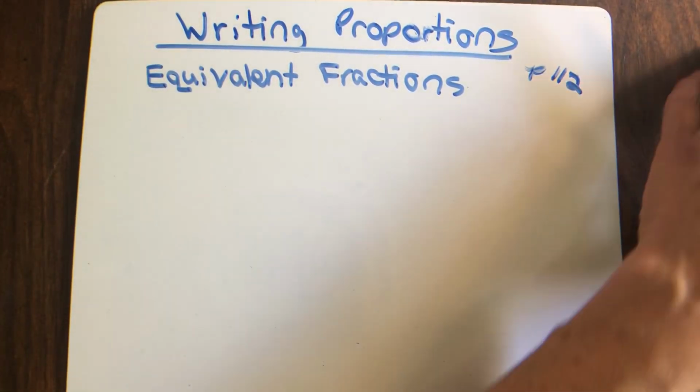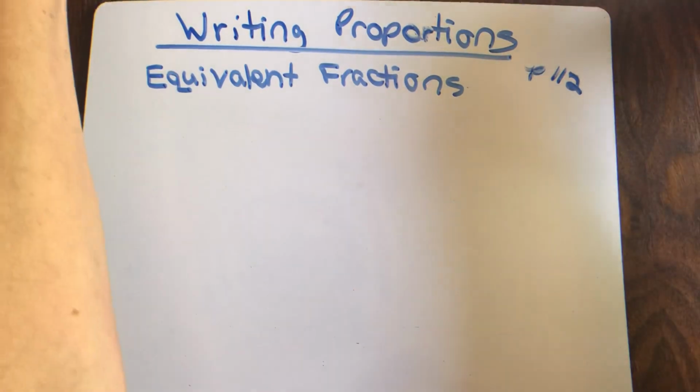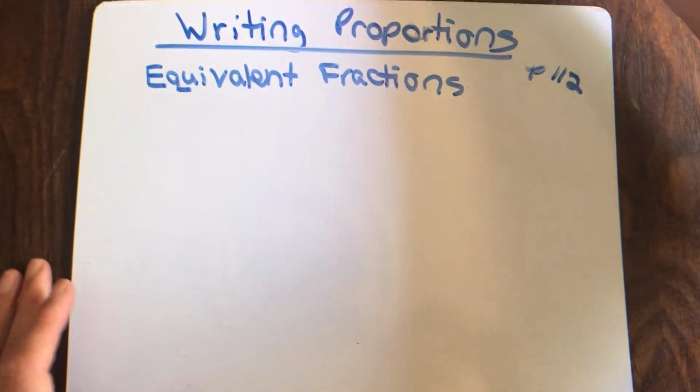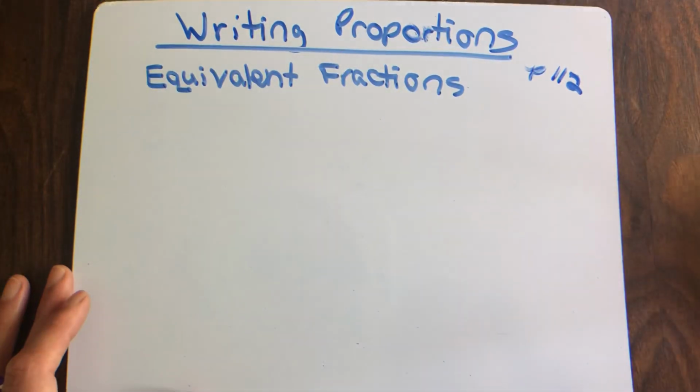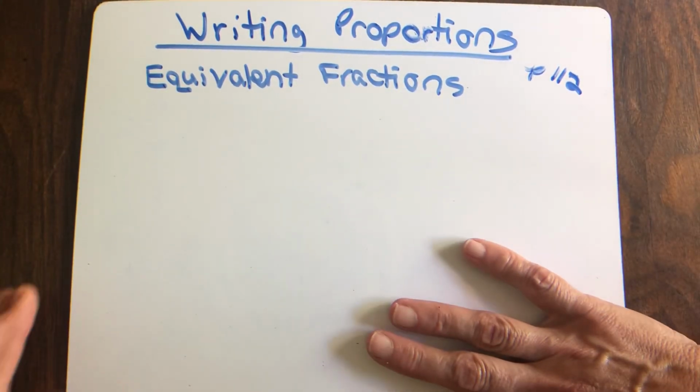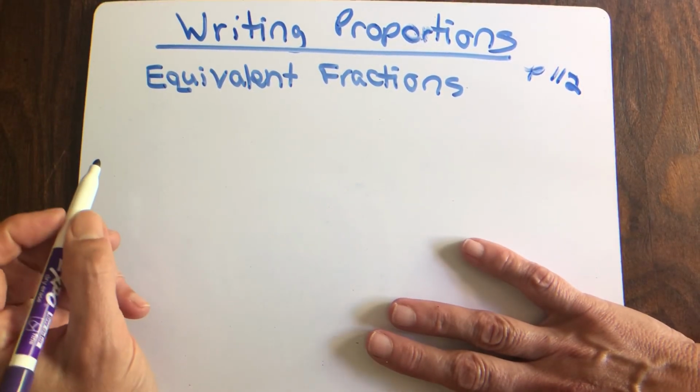Now, if you're one of my students and you're following along, we're on page 111 here, writing proportions. I'm not going to get into too much of the understanding of proportions, but I'm going to talk to you more about how to determine if fractions are equal.